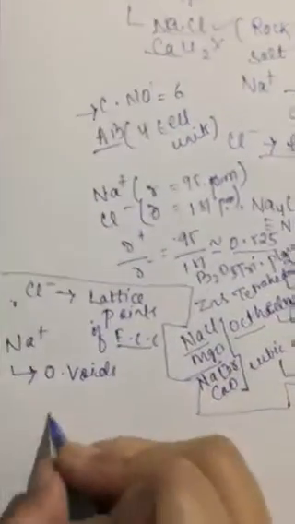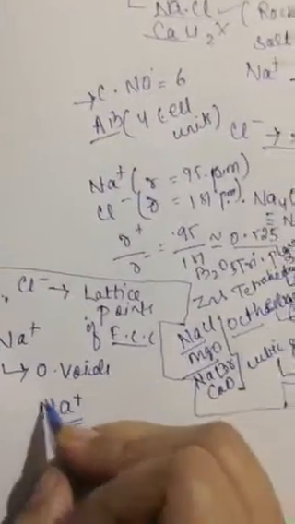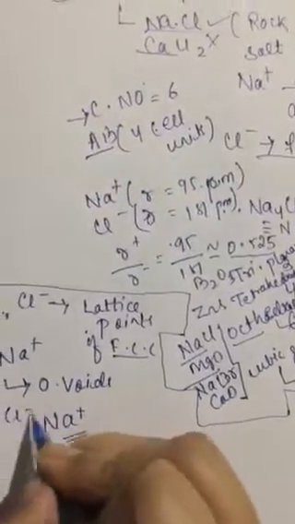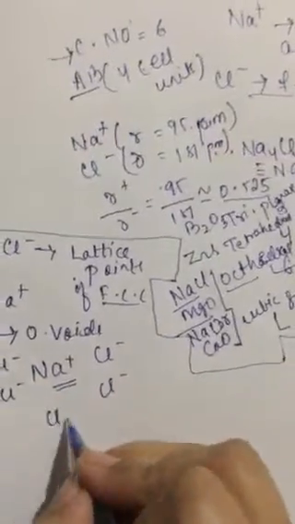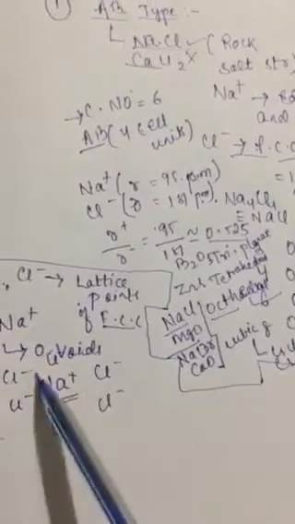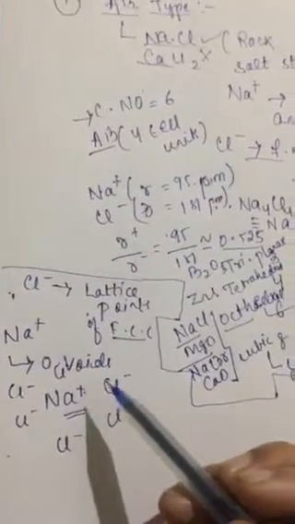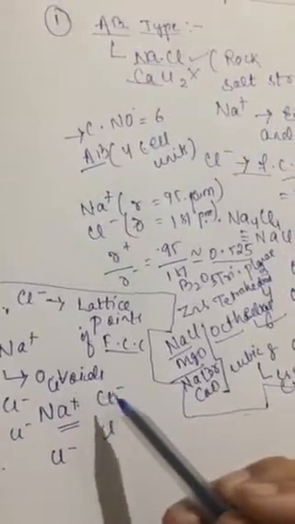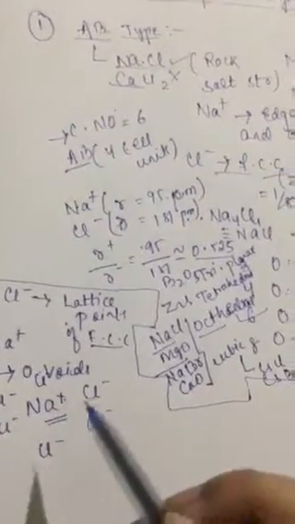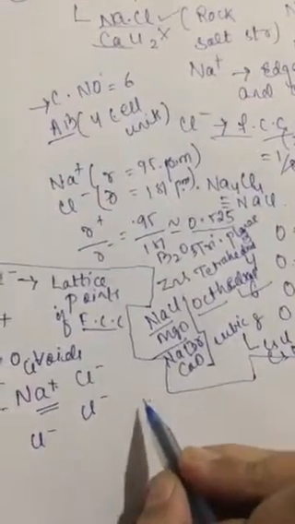Each Na plus ion is surrounded by 6 Cl minus ions, like this. So Cl minus ions here: 1, 2, 3, 4, 5, 6, octahedral void. So each Na plus ion is surrounded by 6 Cl minus ions, and each chloride ion is also surrounded by 6 sodium ions, vice versa. So the coordination number is also 6.